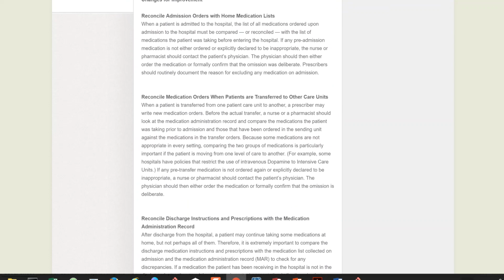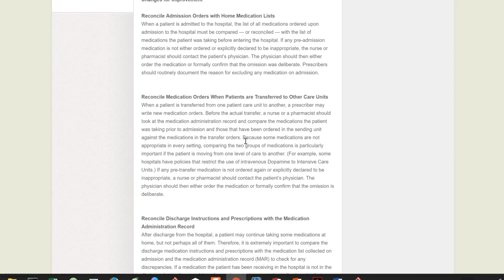So what that means is that we look at the client's problem list, their history, their medications, and we advocate not that medications match, but that the medication is the appropriate medication for the client's current situation.